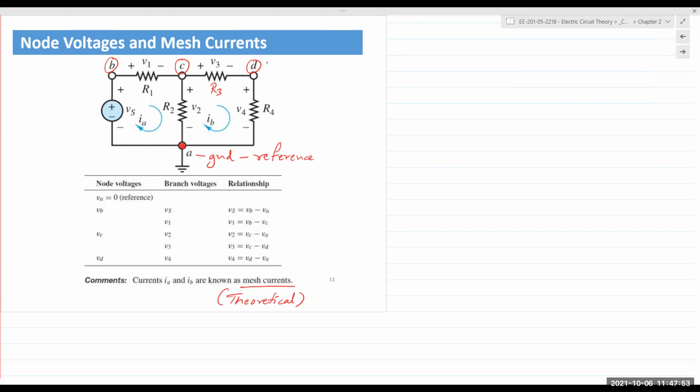So VB is VBA, VC is VCA, VD is VDA. Right? Everybody's familiar with that concept, right?